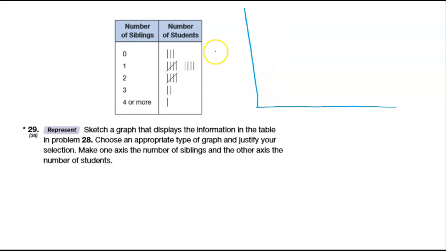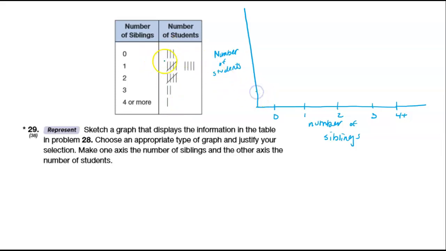So if I do number of students, and this is number of siblings. So if I have 0, and then I have 1, 2, 3, 4 or more, I'm going to try and make a bar graph, but I don't know if I've messed it up already. So there were 3 on this side.